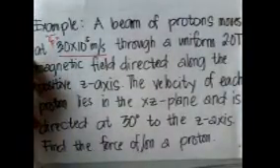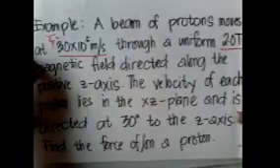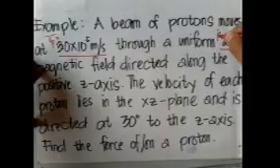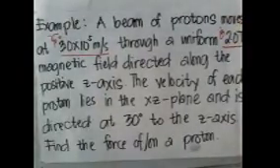Another given is that we have the magnetic field, 2 Tesla. So that is the magnetic field, and it is directed along the z-axis. The velocity of each proton lies in the xz plane.